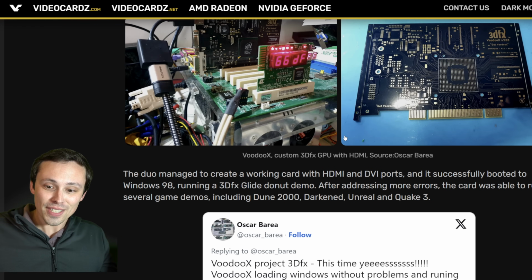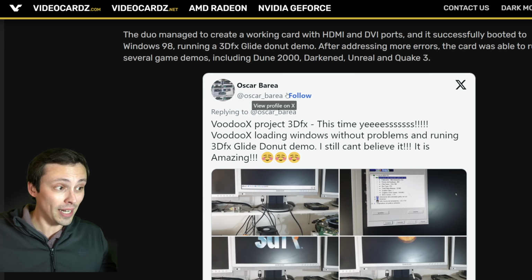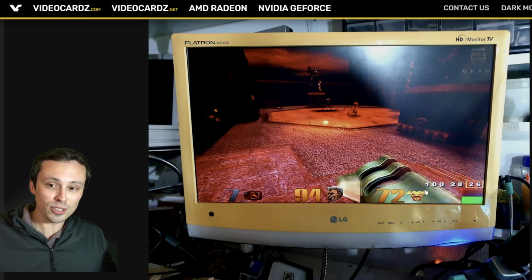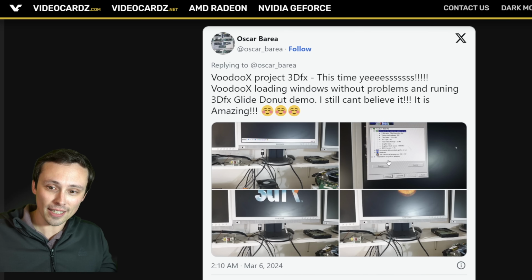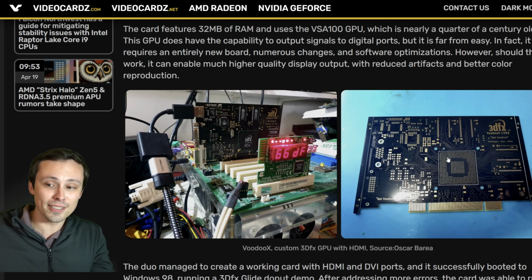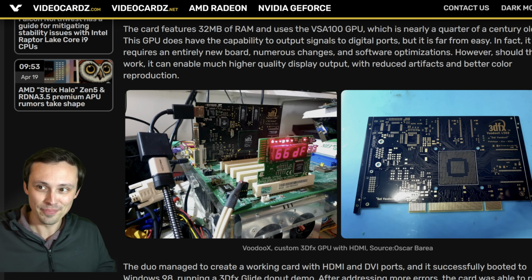And this seems like a really cool project being done by Oscar Barea. And he's been tweeting about it actually getting up and running and connecting. So that's pretty cool if you ask me. Not that a lot of people would be interested in buying something like this. This is more just a cool project that I thought I would report on.